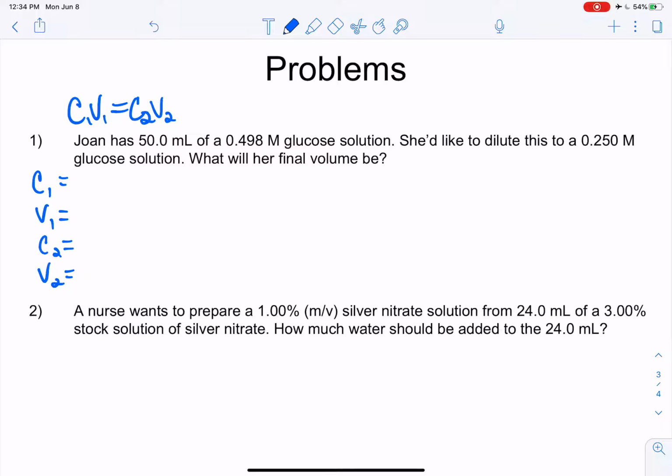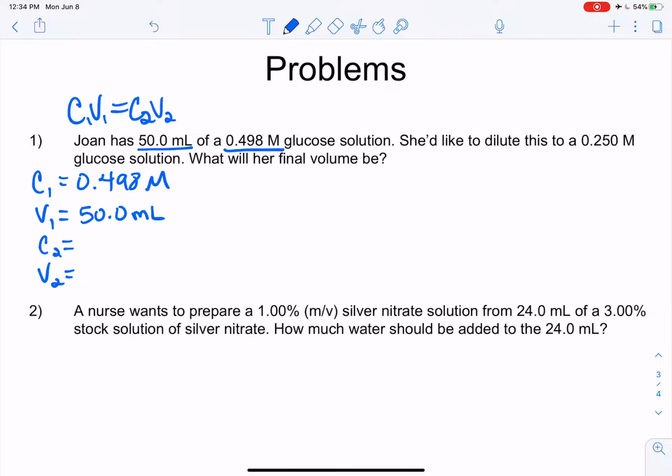So C1, that's our original concentration, so that is 0.498 molar. And V1, what is that? That's our original volume. So she has 50 milliliters of 0.498 molar glucose solution.